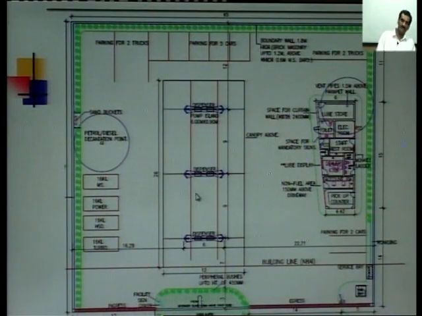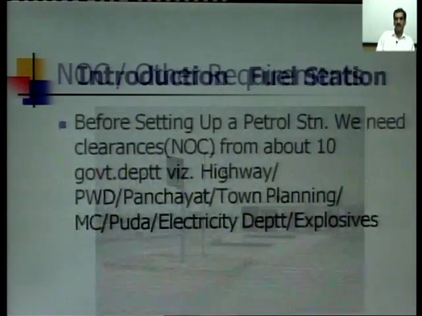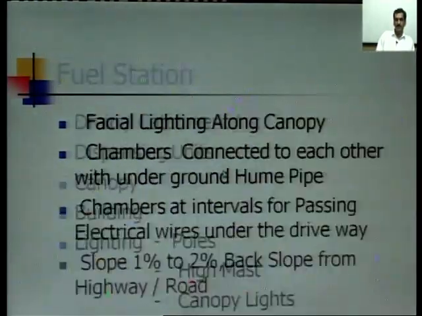Those kinds of wires have to be there, and we have underground wires in Hume pipe. What is a Hume pipe? Hume pipe is a concrete pipe running under the driveway and having chambers at various intervals, like at the corners, and I can show you in a few pics.